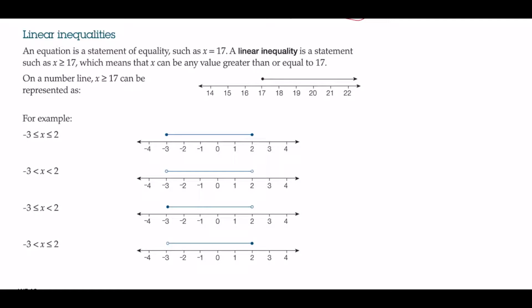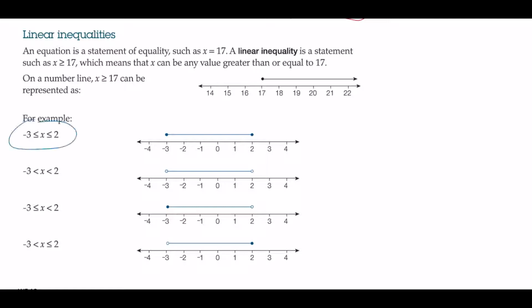If it's a non-filled in dot, like a small circle that doesn't have the dot filled in, then the number that it's above is not included in the possibilities. So all numbers to infinity that are greater than or equal to 17 are possible solutions to this.